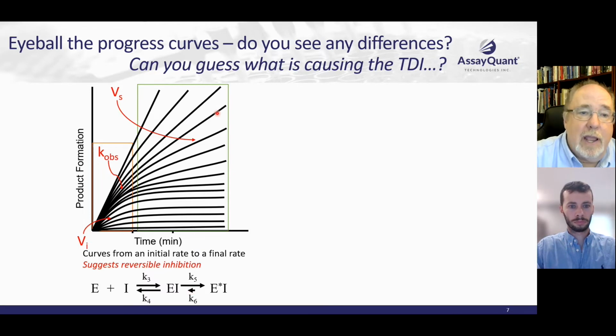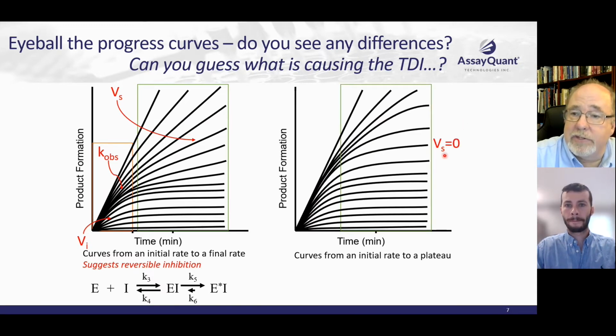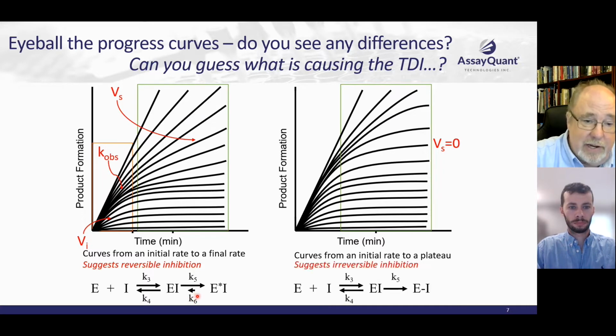If you look at this, and rather than ending up at a steady state velocity that's non-zero, it actually looks like this, where the steady state velocity is 0, that means that the k6, the off rate from this complex, is 0, and it comes down to this type of equation, where there's a rate constant here, and that's kinact, I'll tell you about it in a little bit, and there's another parameter here, Ki, that describes all of these rate constants here.